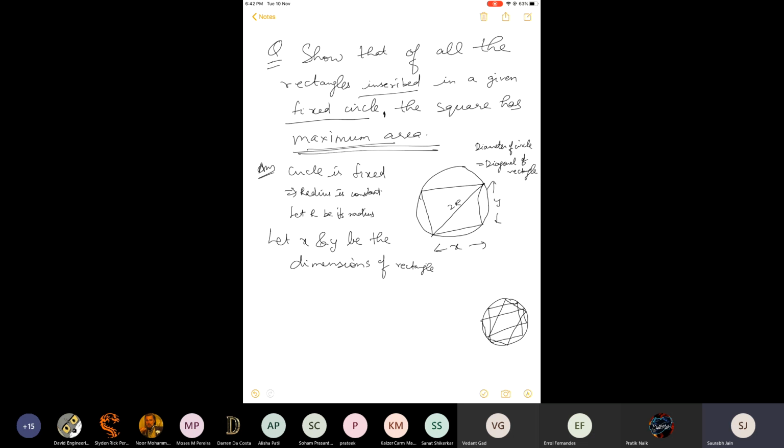And this will give us an important relation, just like in the previous question, from Pythagoras theorem, because in a rectangle each angle is 90 degrees. So from Pythagoras theorem we get x square plus y square is 4r square. This will be used to put the value of y in terms of x.